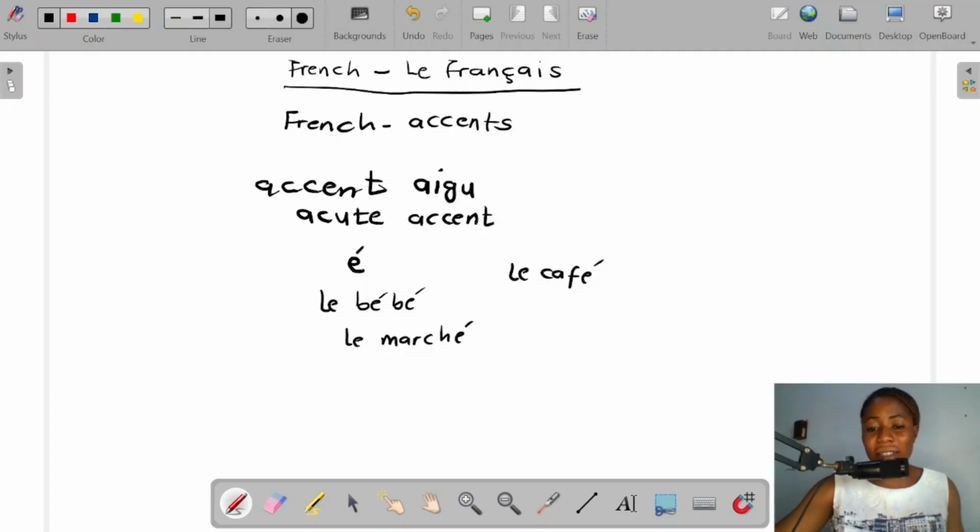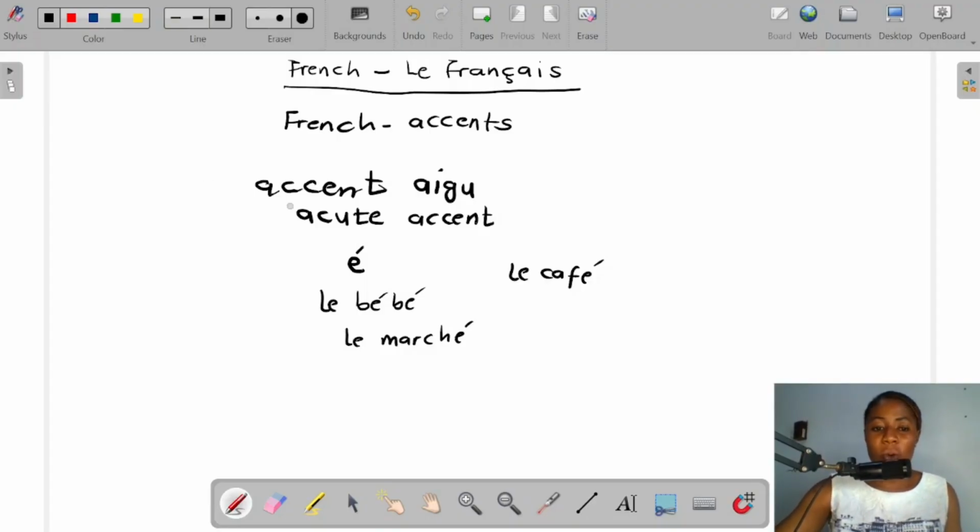If you hadn't seen this accent on it, it would have been pronounced differently. So you can go and check different words that contain this type of accent, so you get familiar with them and make good use of them. Whenever you see this accent on top of an E attached to a word, it changes the sound. It makes it sound high.